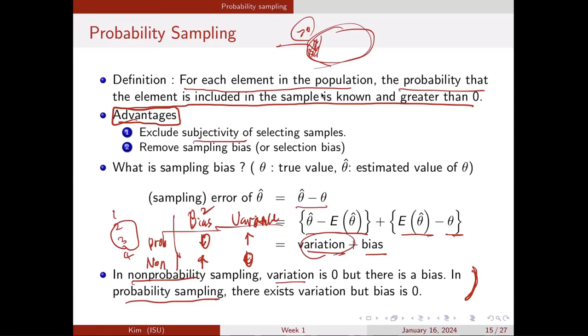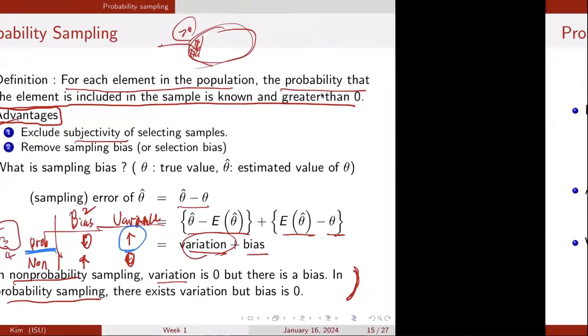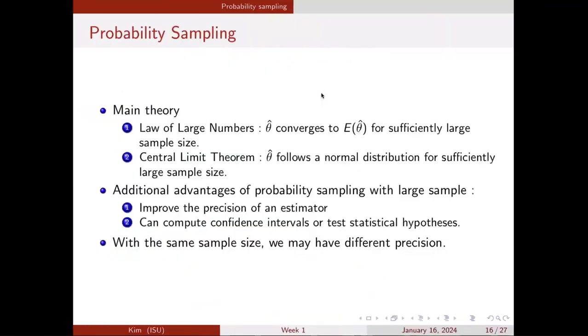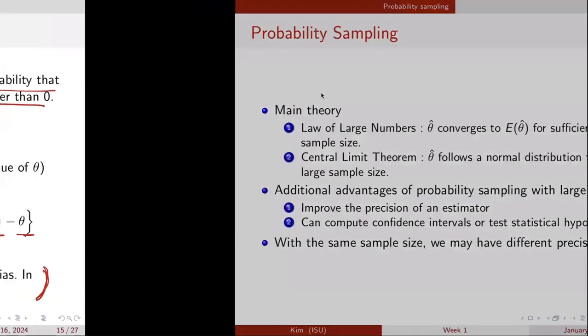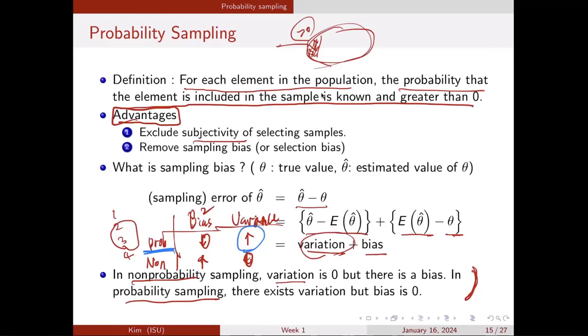But the nice thing about probability sampling is that we know how to control the variance. How? Increase the sample size, right? So if we increase the sample size, then variance gets smaller. But in non-probability sampling, if we increase sample size, bias remains.